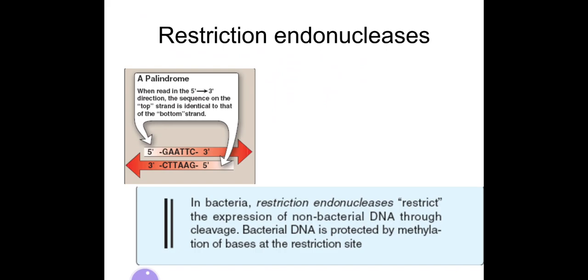These enzymes, the restriction endonucleases, restrict the expression of non-bacterial DNA through cleavage. So any foreign DNA which attacks the bacteria will be cleaved by the restriction endonucleases. This is a type of defense mechanism which is naturally present in the bacteria in the form of restriction endonucleases.